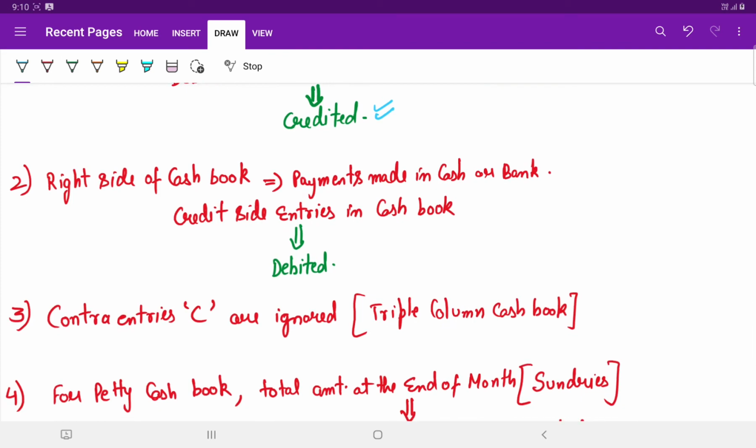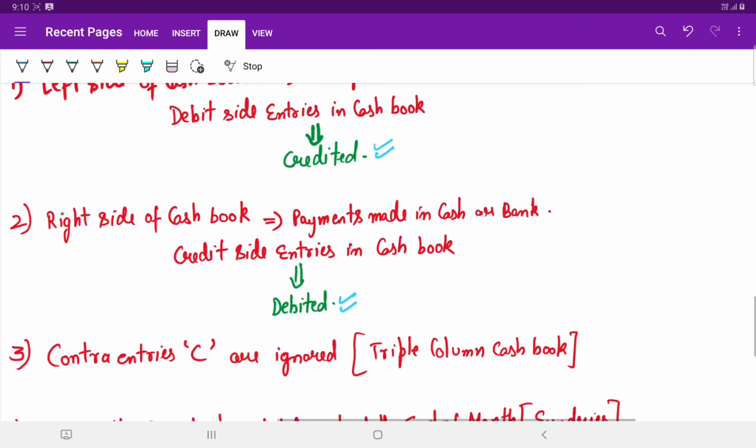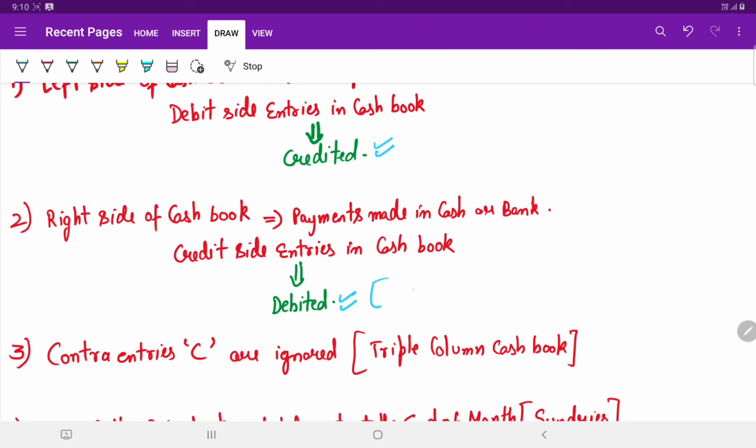Whereas the right side of the cash book refers to the payments made in cash or a bank. So this credit side entries in the cash book, they are always debited in the ledger as a cash or check has been paid in respect of them. So why are these entries debited?